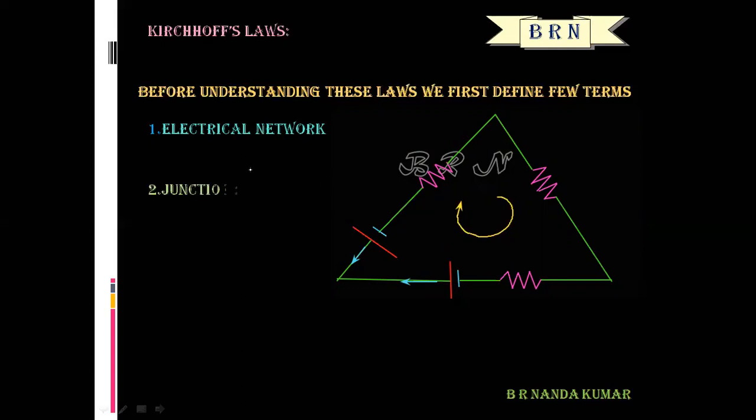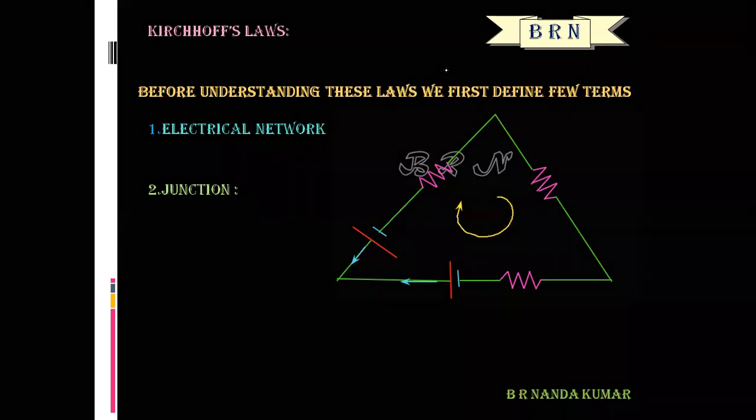The next very important term is junction. A junction is a point at which two or more branches meet. So here A is a junction, B is a junction, C is a junction.